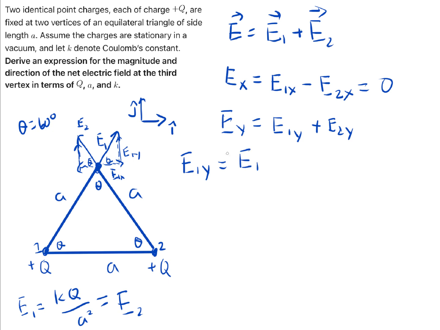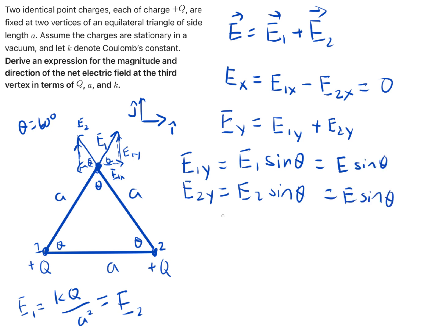This is going to be E1 times the sine of theta, because sine of theta is E1y over E1. So E1y is E1 times sine of theta. It's the same thing for E2, since this angle is also theta. We know that E1 equals E2, so I'm just going to drop the subscripts. Now if we add them, the net y component will be 2E sine theta.